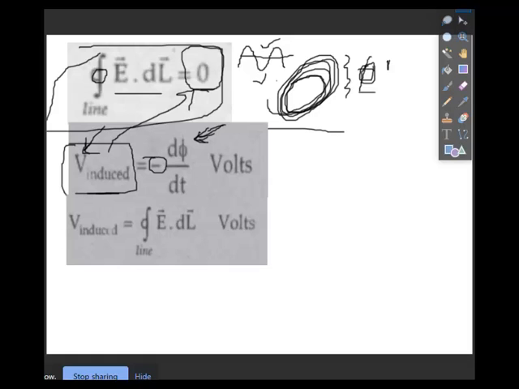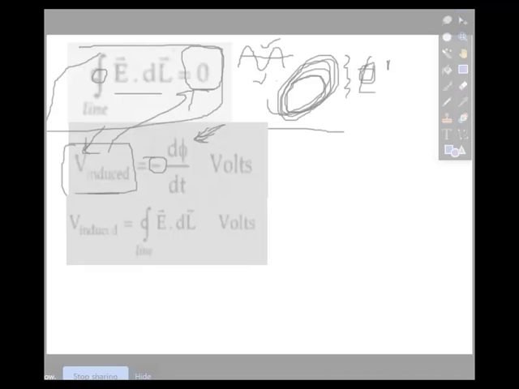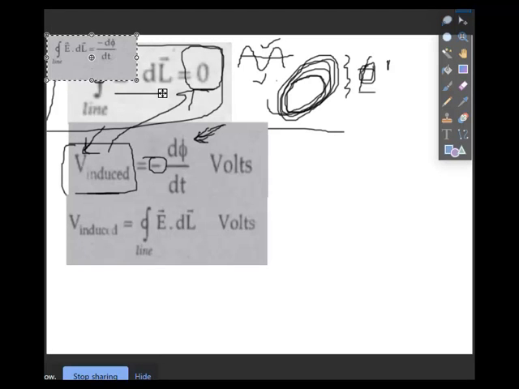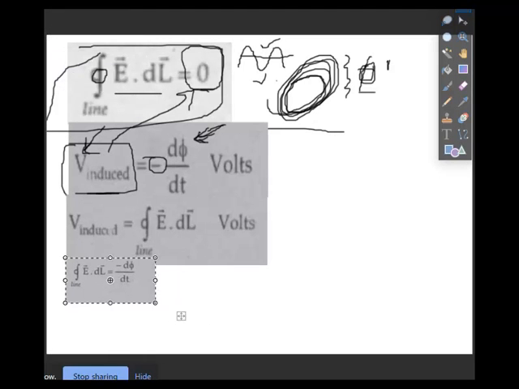So we can equate both these expressions, and this will result in E dot dl equals minus d by dt of phi. We have just equated both these expressions.